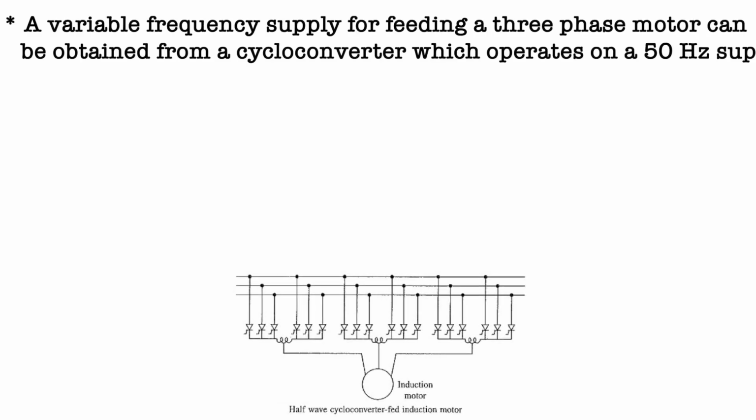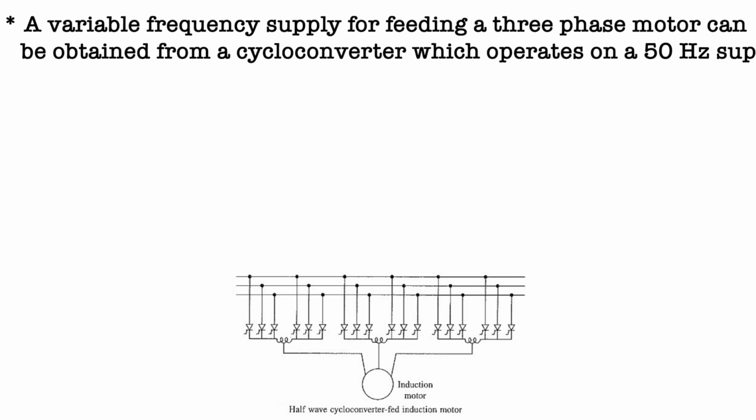A variable frequency supply for feeding a three-phase motor can be obtained from a cycloconverter which operates on 50 Hz supply and provides a variable frequency supply at output. A half-wave cycloconverter control of induction motor is shown in the figure. A cycloconverter can be used.